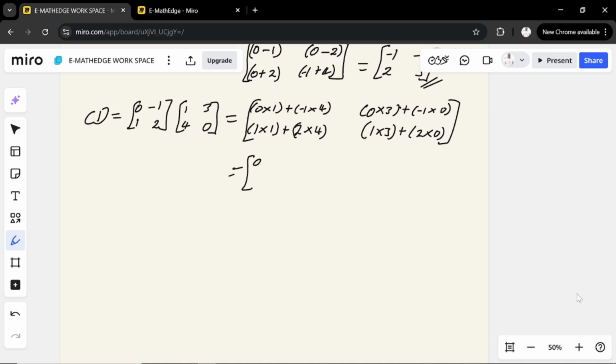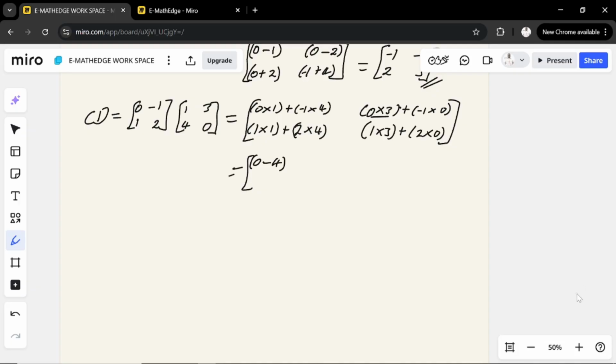So to simplify this further, we are going to have 0 multiplied by 1 is going to give us 0, plus -1 by 4, we are going to have -4, which in summary is going to be 0 minus 4.